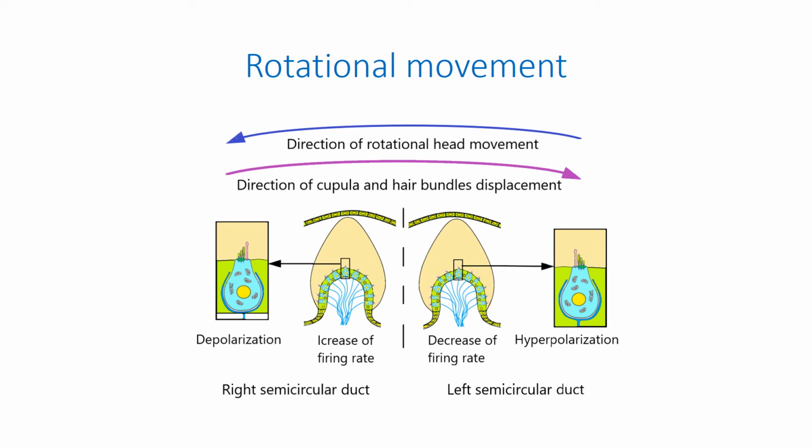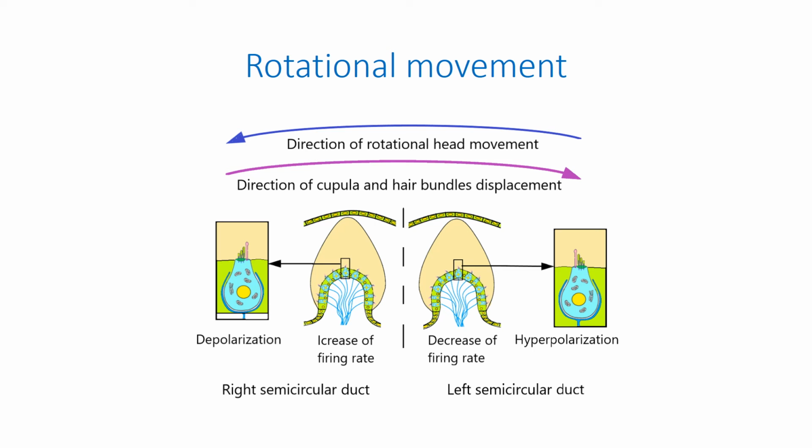It was noted that all hair cells in the cristae are polarized with their kinocilia pointing in the same direction, but cristae on one side of the head are mirror images of those on the other side. Thus, each semicircular duct has a counterpart with its hair cells aligned oppositely.